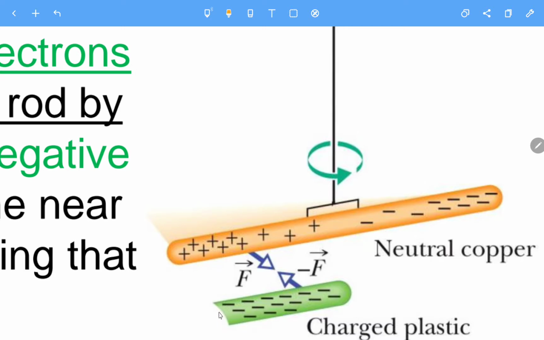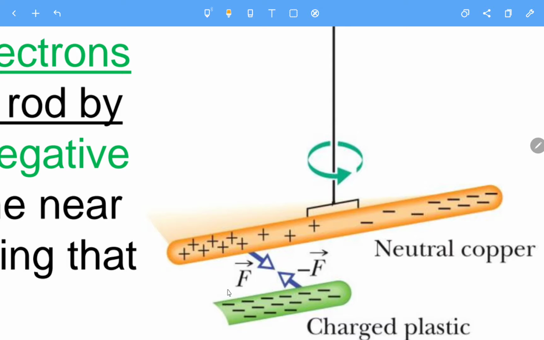The next step is we rub the plastic rod, so it has a negative charge. If we place this plastic rod close to this neutral copper, it will induce some charges at the two ends.